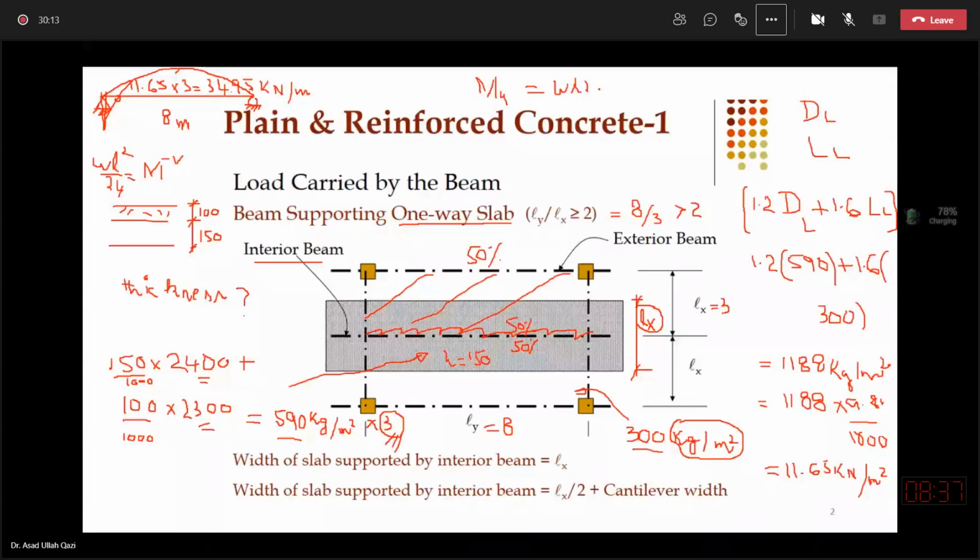And the rest of the procedure will be the same as we have done for such kind of design using the ultimate strength design methodology.